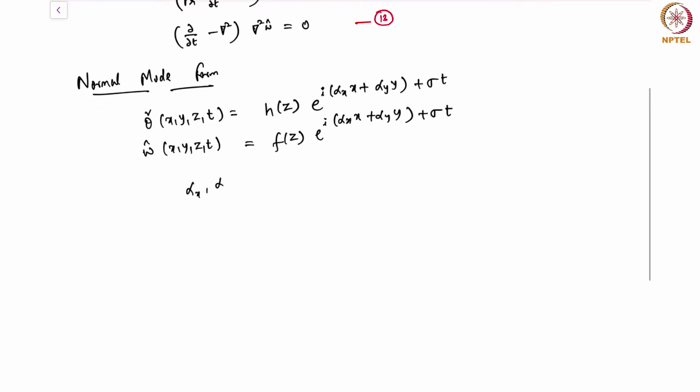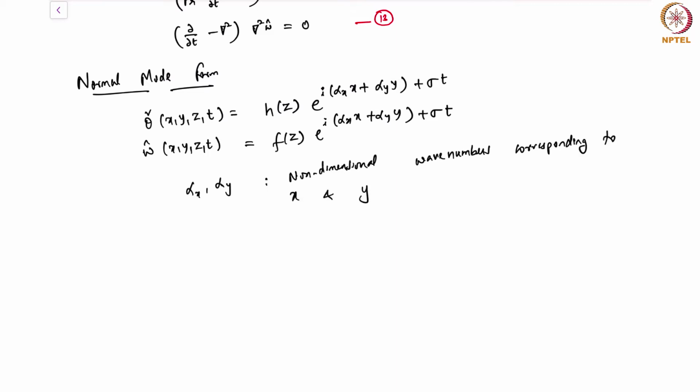Alpha x and alpha y are non-dimensional wave numbers. Recall that dimensional wave numbers will have units of 1 by length. So these are non-dimensional wave numbers corresponding to x and y directions.